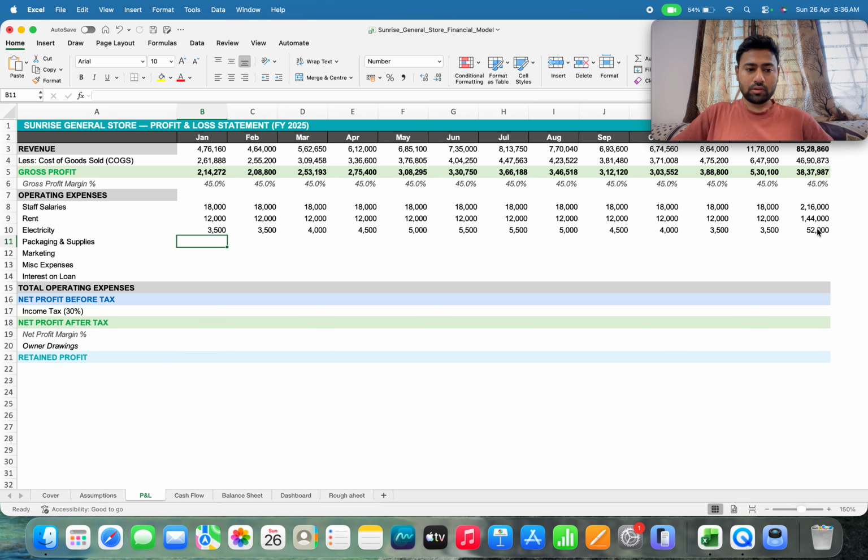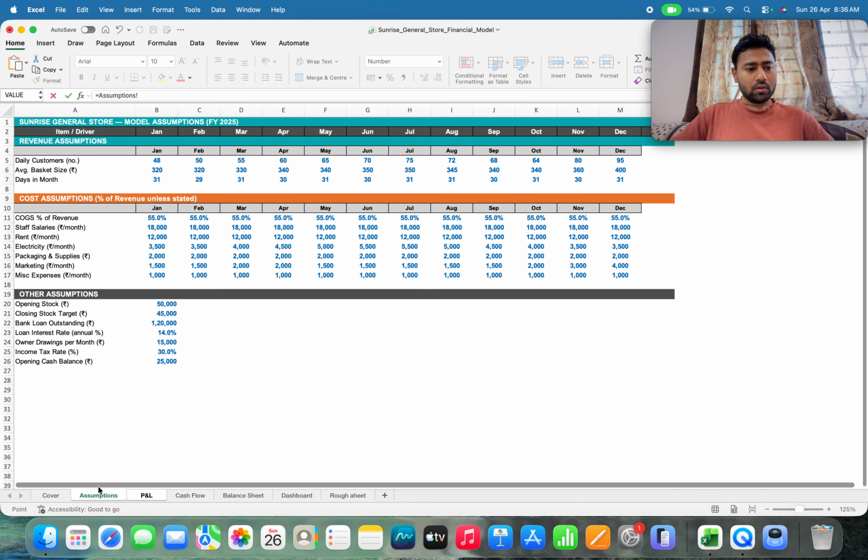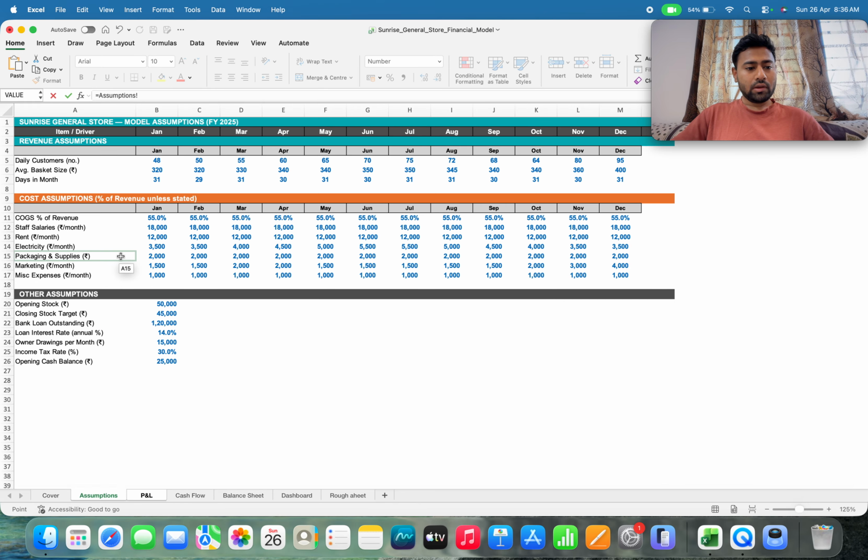Packaging charge, packaging and supplies is equal to assumption. So why are we connecting this whole thing? Even if we want to change a part of the expenses, any change in the assumption sheet will change the profit and loss account.